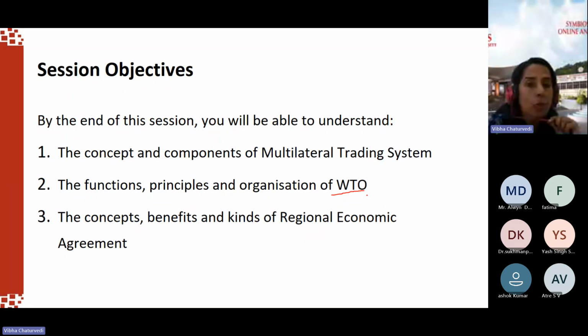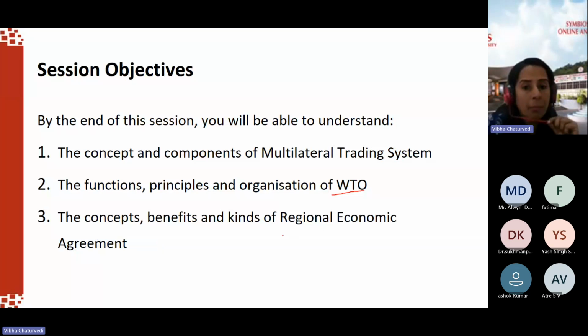And it also provides a mechanism for adjudication of any dispute related to trade. If two trading partners have a dispute between them related to trade, they can go to the dispute mechanism, their court of arbitration, and settle the dispute. So WTO provides that mechanism as well.